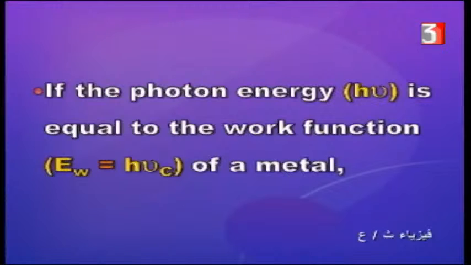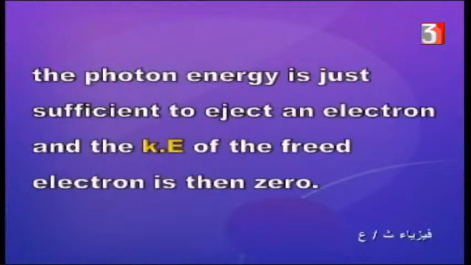This is the first possibility. Photon energy h nu is equal to the work function h nu C. The photon energy is just sufficient to eject an electron, and the electron is released from the metal but without having any kinetic energy. The kinetic energy of the freed electron is then 0. This is one possibility.